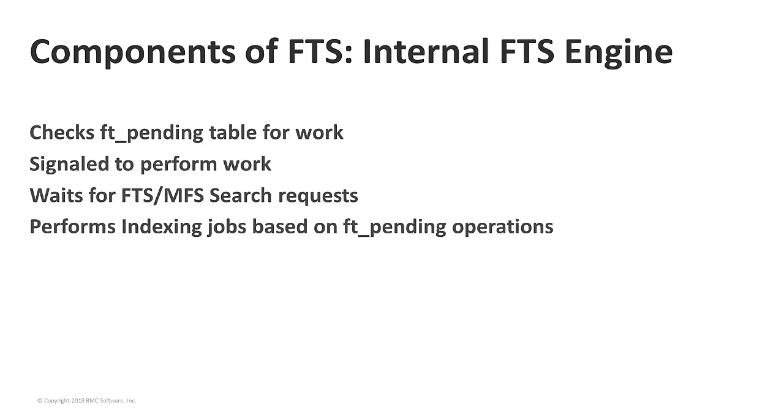So the internal FTS engine periodically checks the FT pending table for work. It waits for signals from AR Server to perform work such as updating, deleting, or creating index entries. It waits for FTS and MFS search requests and then performs the FTS or MFS query and returns results to AR Server. It performs indexing jobs based on FT pending operation.